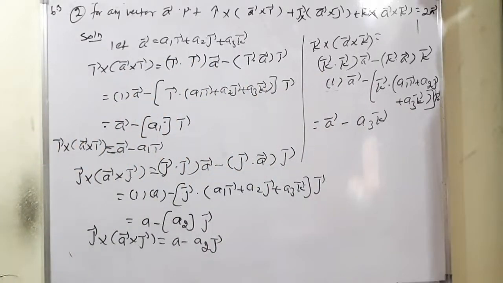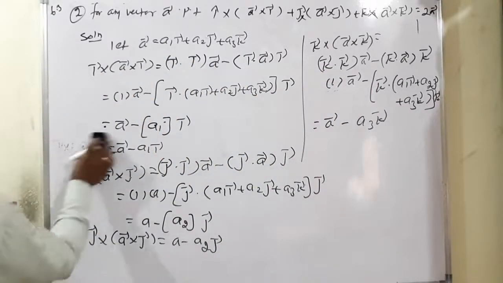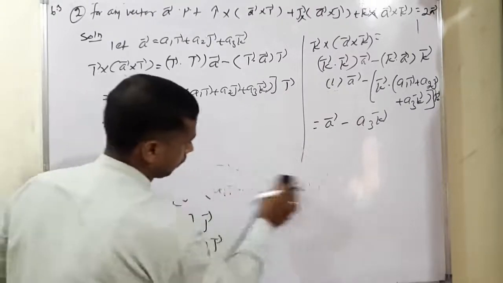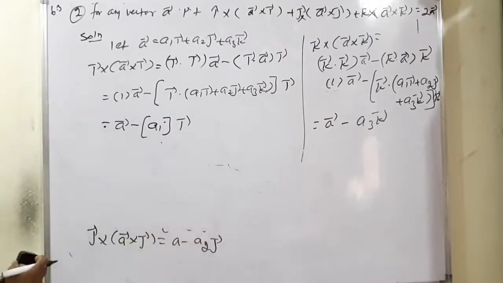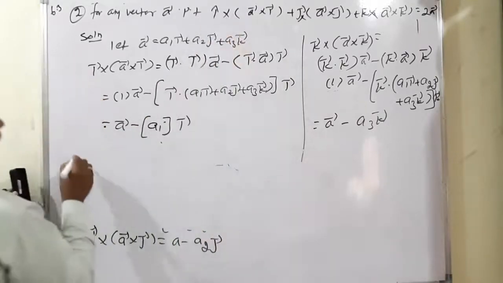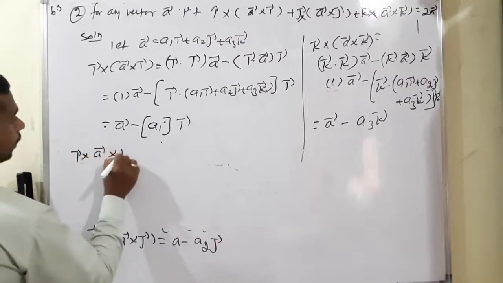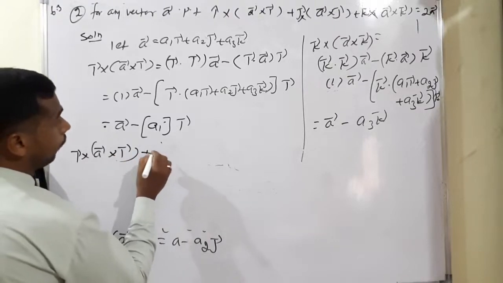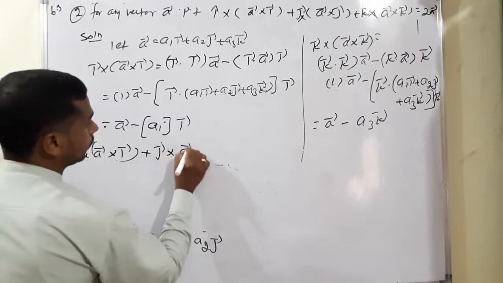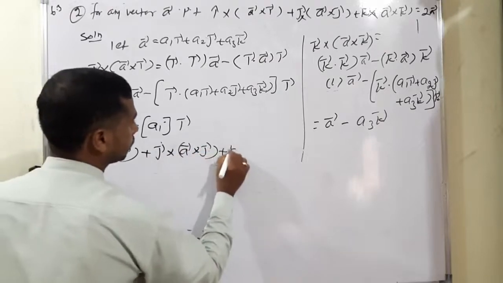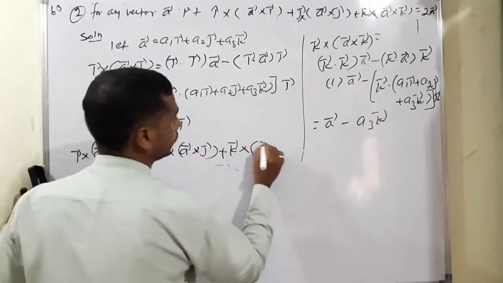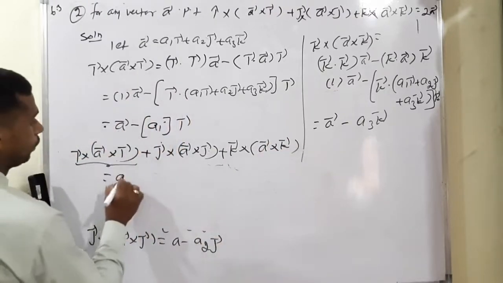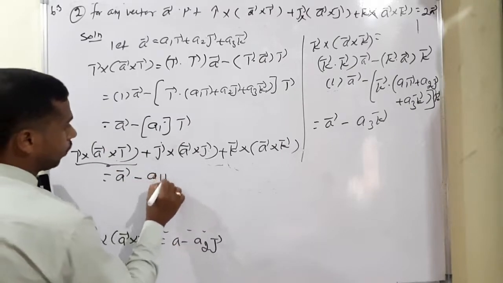Now, this is also what we need. So look at this. The condition is I vector cross (A vector cross I vector) plus J vector cross (A vector cross J vector) plus K vector cross (A vector cross K vector) is equal to, what we found: A vector minus A1 I vector.